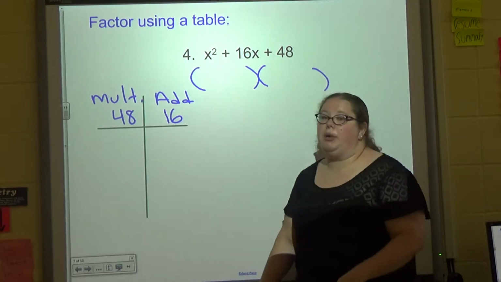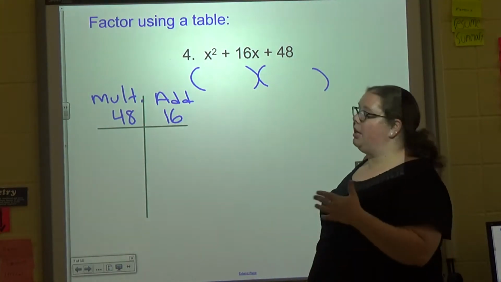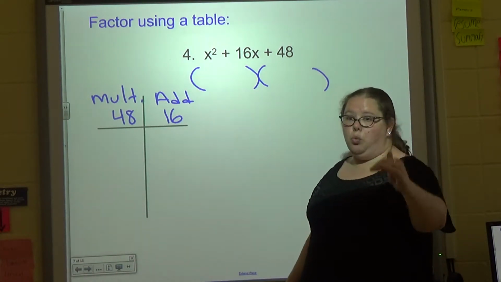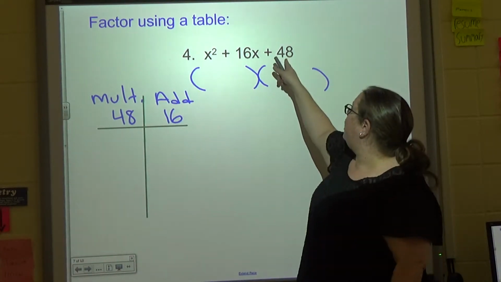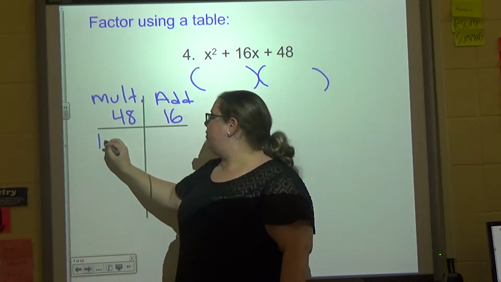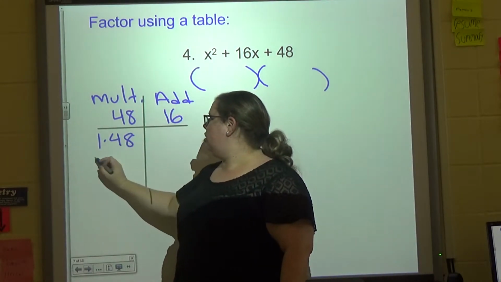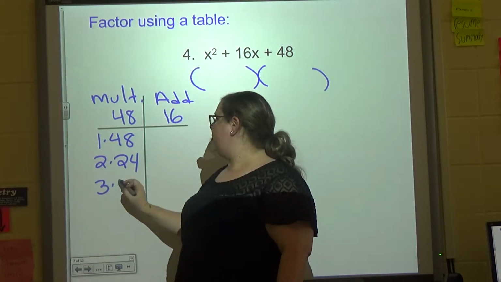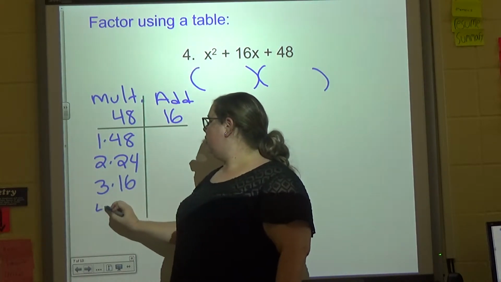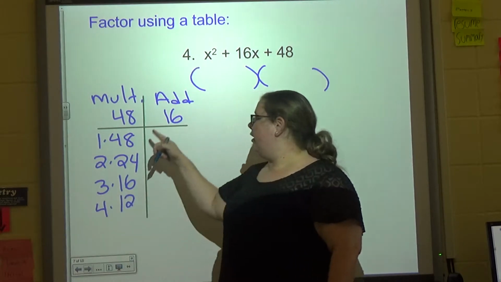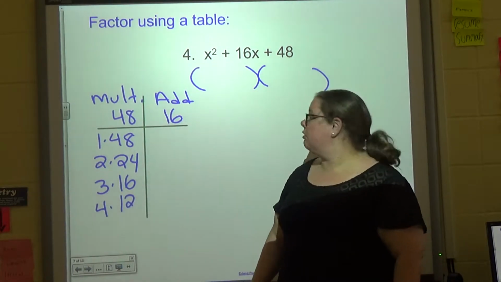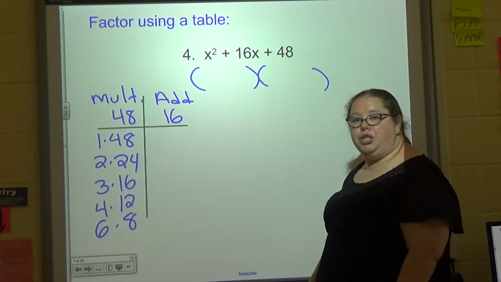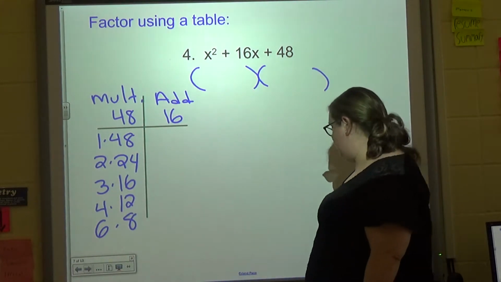So maybe you think of it off the top of your head, maybe you're not. I always start with writing out what are my numbers that multiply to 48. 1 times 48, 2 times 24, 3 times 16, 4 times 12, 5 doesn't go into 48, and 6 times 8. Do you see which two numbers add up to 16?